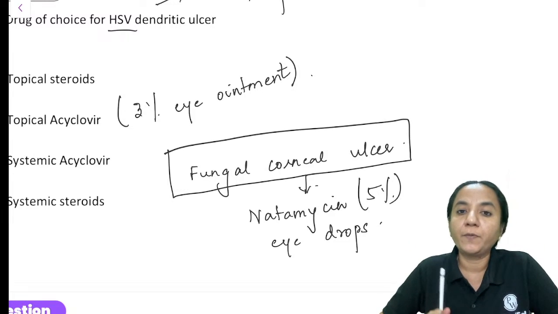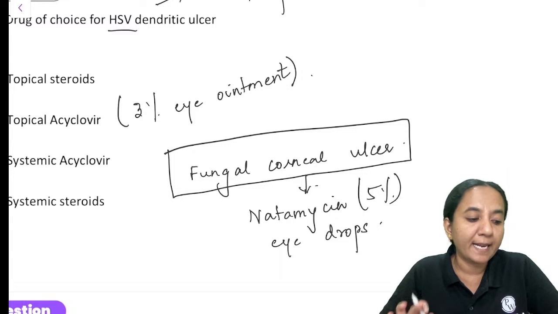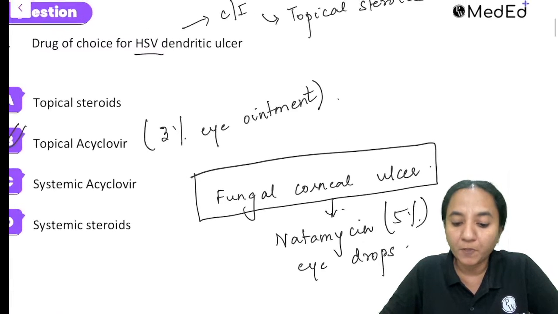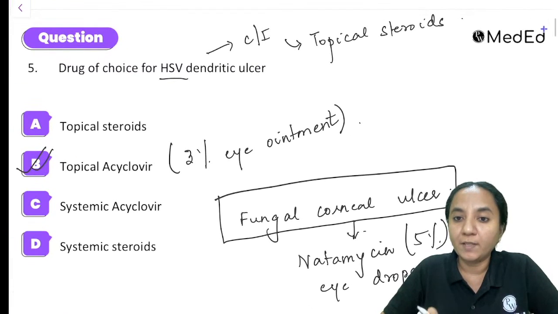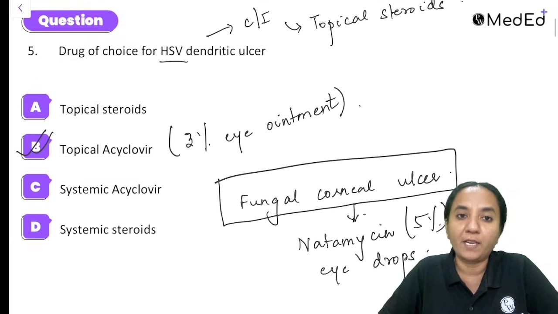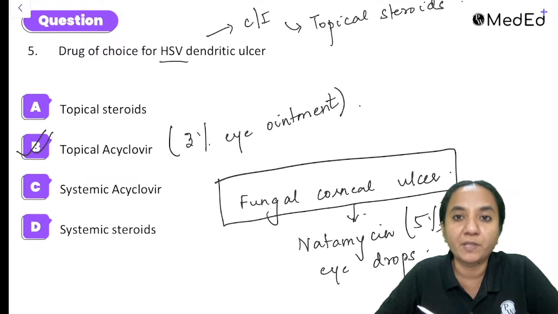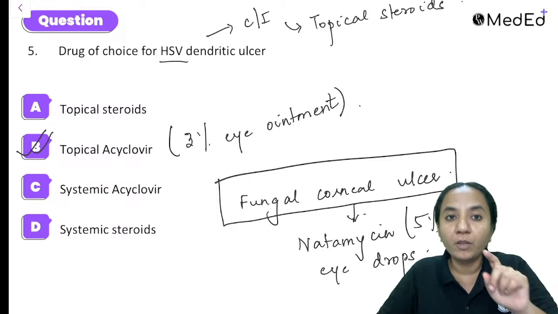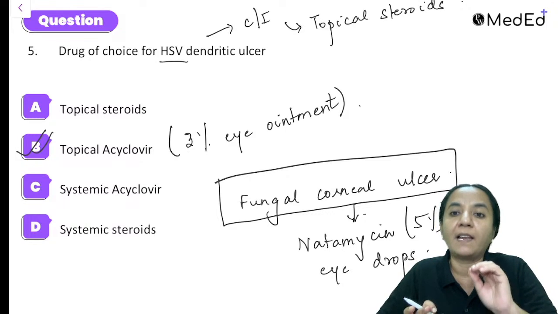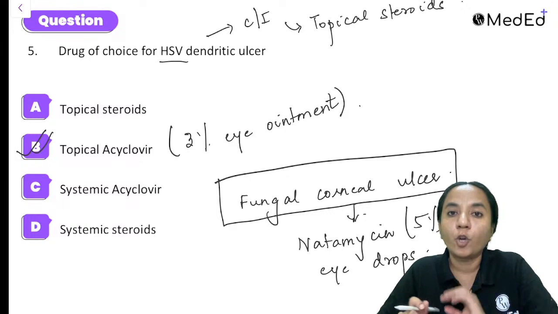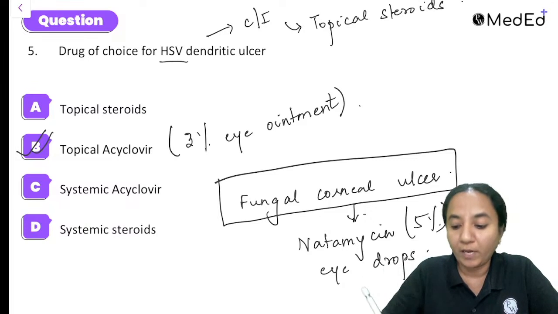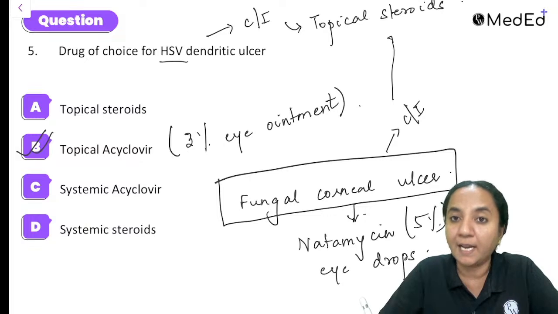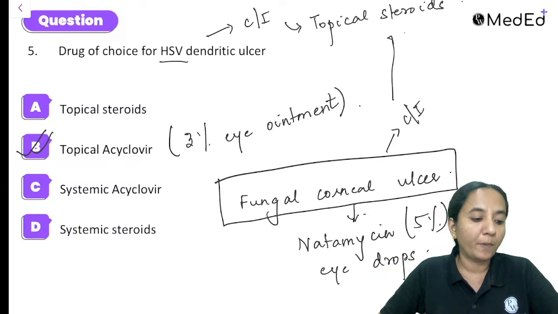So the drug of choice for fungal corneal ulcer in India is natamycin 5% eye drops. The drug of choice for HSV dendritic ulcer is acyclovir 3% eye ointment. In both of these, active viral and active fungal corneal ulcers, topical steroids are absolutely contraindicated. So here also, if we are asked what is contraindicated, the answer remains the same: topical steroids.